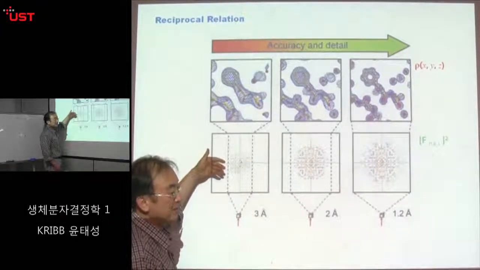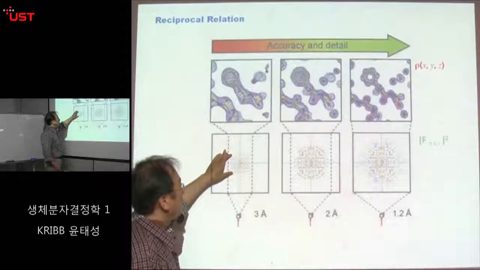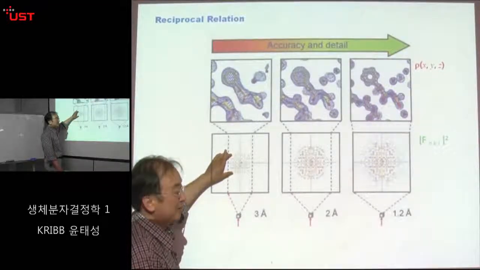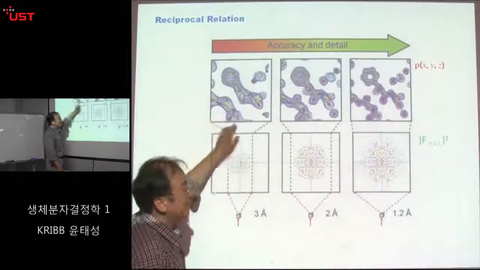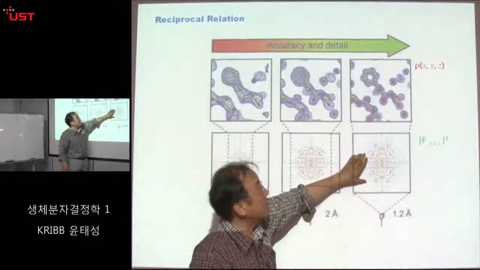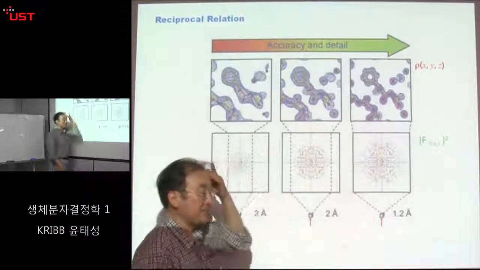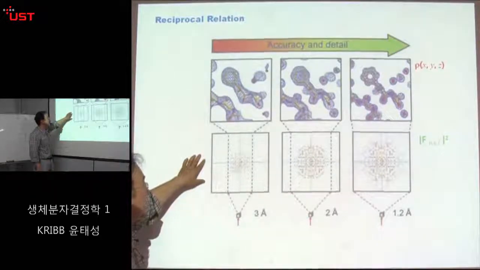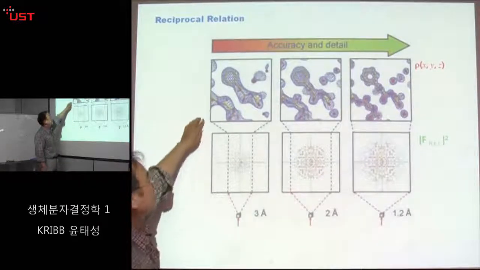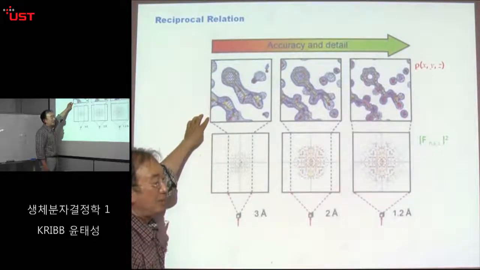So in return, a low amount of data results in low resolution. A higher amount of data will result in higher resolution. This is in diffraction data space. This is our result.